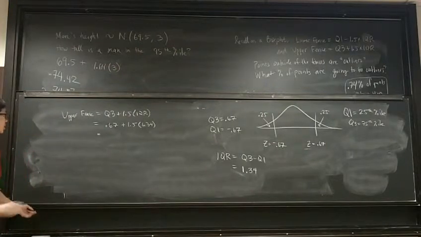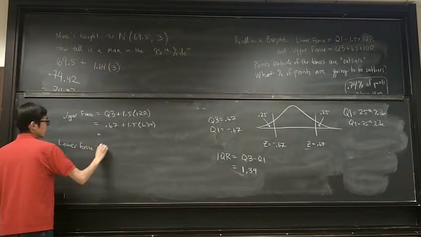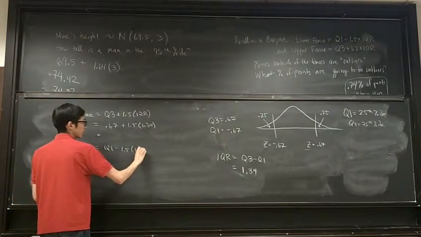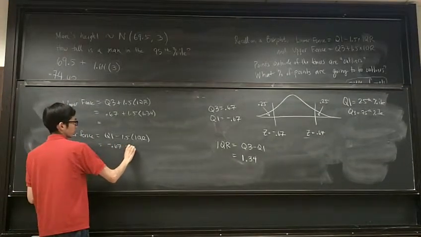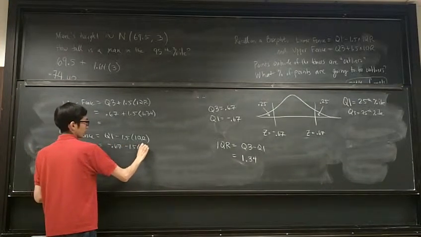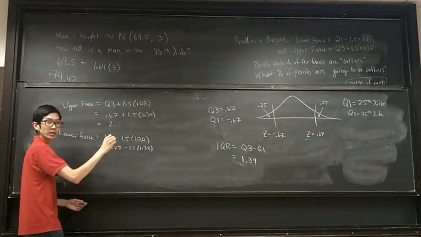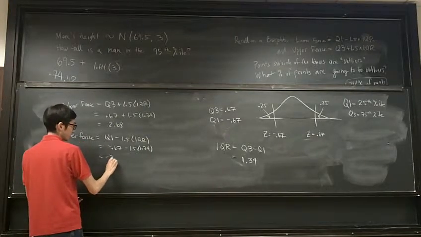And what does that give me? And my lower fence, I do the same thing, but with Q1 minus 1.5 times the IQR. And I think I get 2.68, is that right? Yeah. 2.68 and negative 2.68.